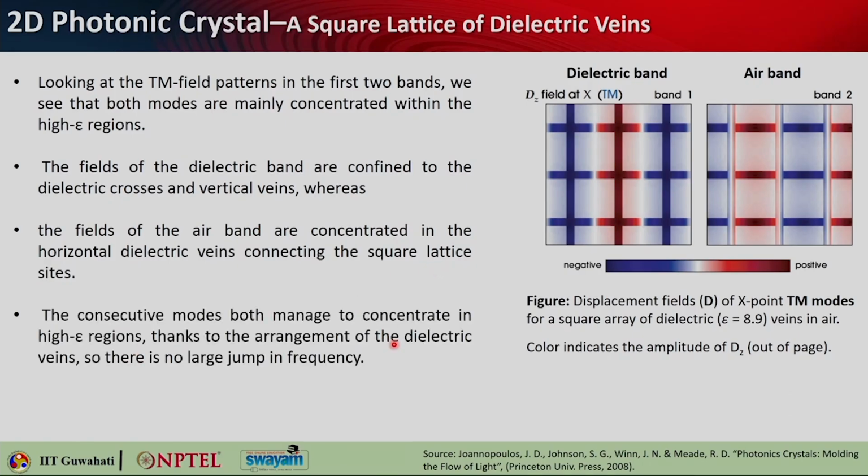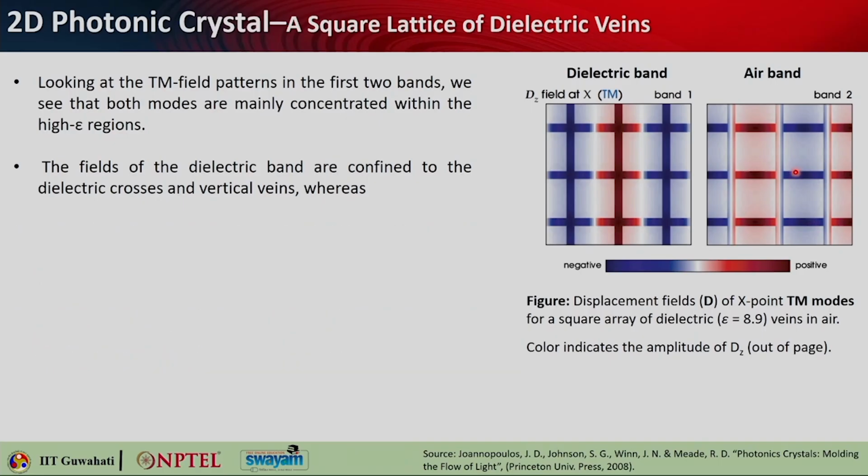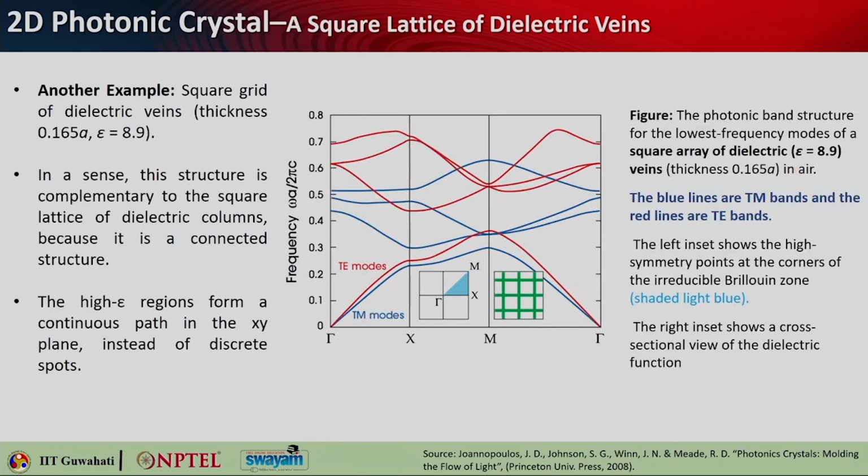The consecutive modes both manage to concentrate in the high permittivity region thanks to the arrangement of the dielectric veins. So, there is no large jump in frequency. They are all connected by these veins, so there is no discrete jump, and that is why you do not see a band gap in this case of TM, the blue ones.